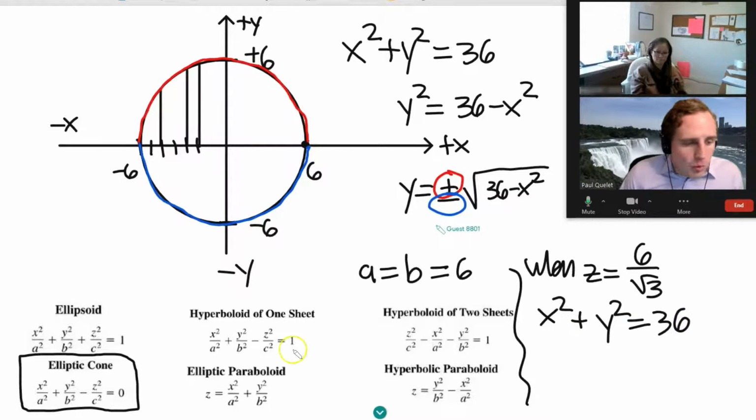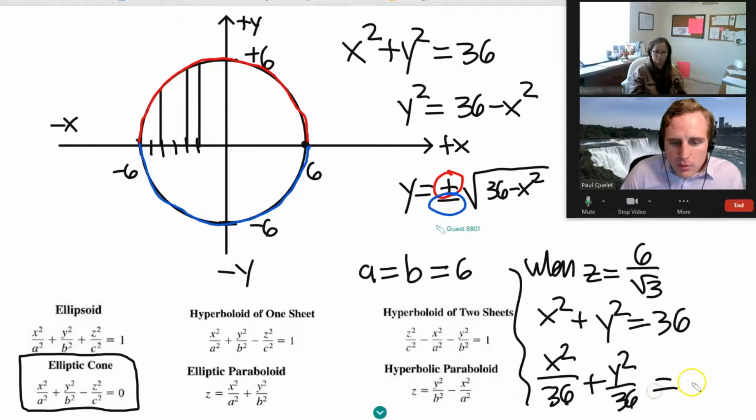Well, if you think about it, we actually can solve that for z, sort of. So let's explain how we might do that. If you divide everything by 36, we would have x squared over 36 plus y squared over 36 equals 1.